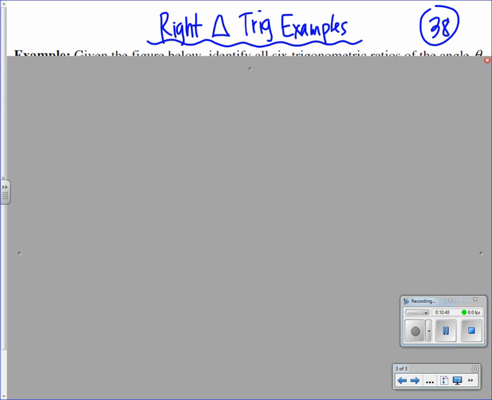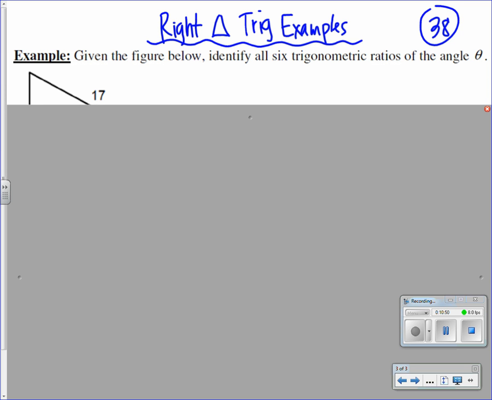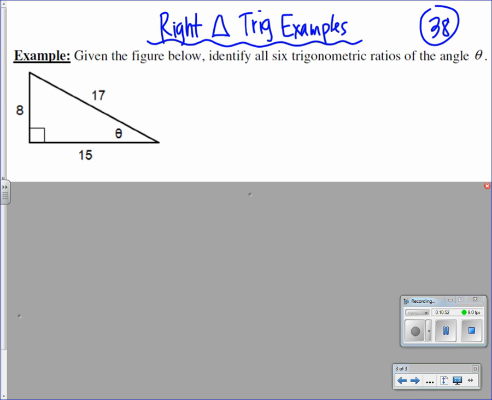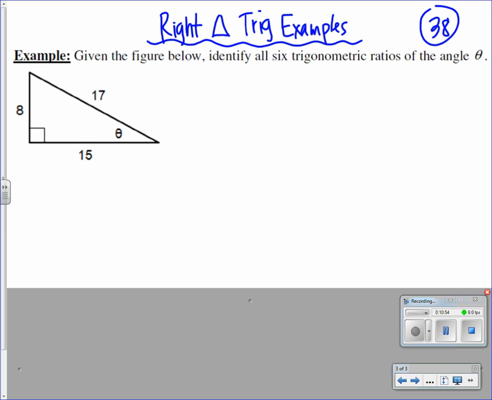Okay, you don't have to write the instructions here. But you do need to draw that right triangle for me, please. And where theta is located.